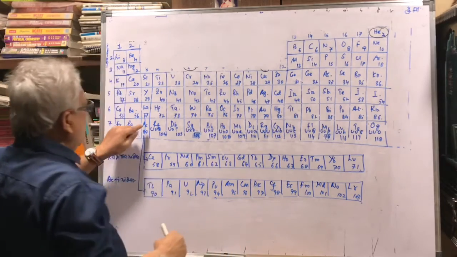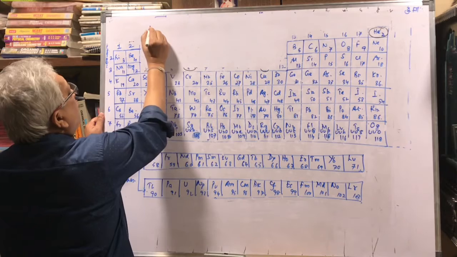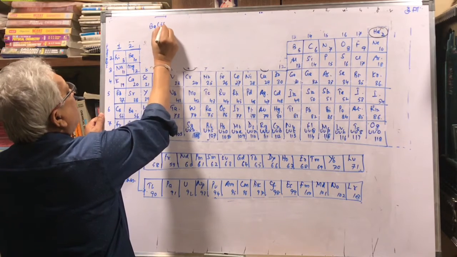Now if you ask me the configuration of barium, barium's atomic number is 56.